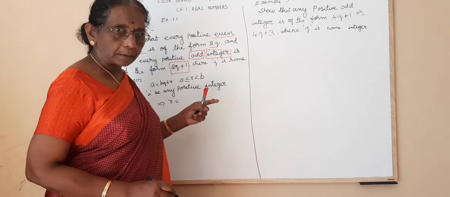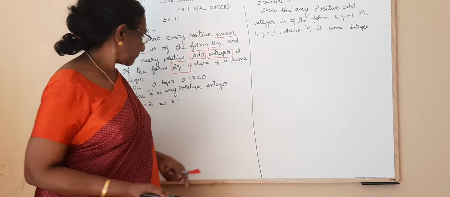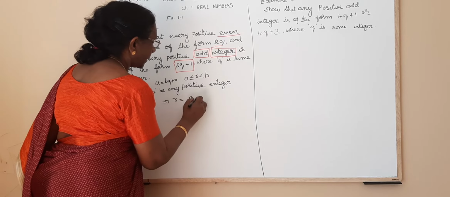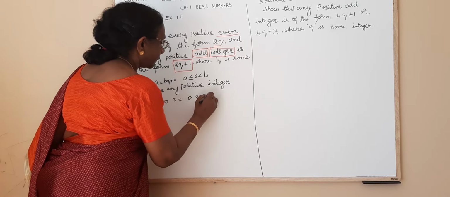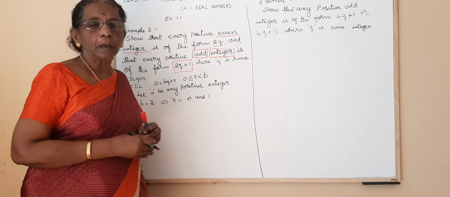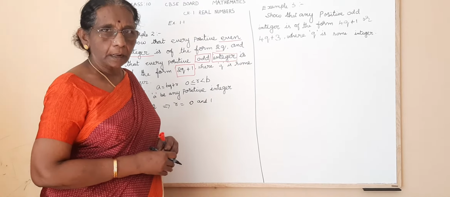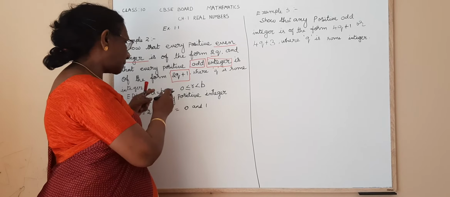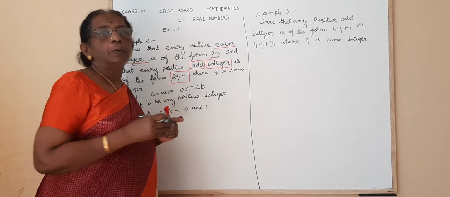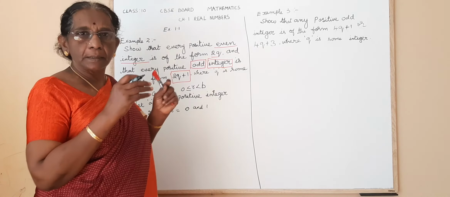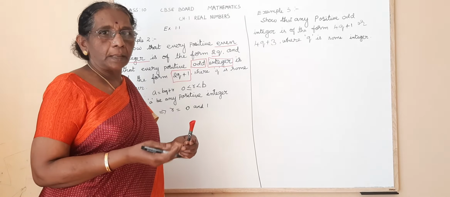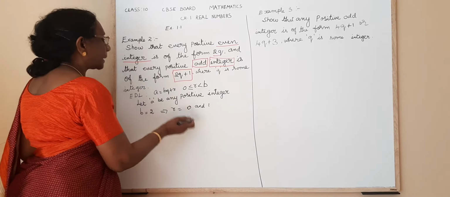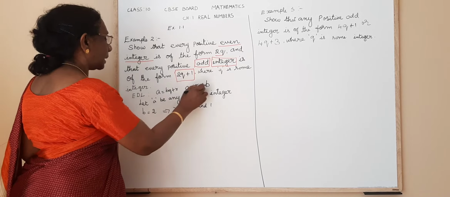Yes, 0 and 1. These are the two possible remainders. Isn't it, children? Now, using these two remainders, you can write in two forms. One is with the remainder 0, and the other is with the remainder 1. So let us apply this in Euclid's division lemma.